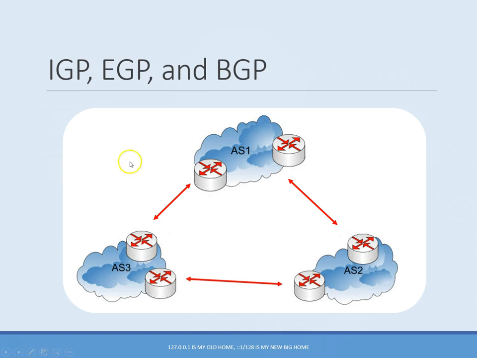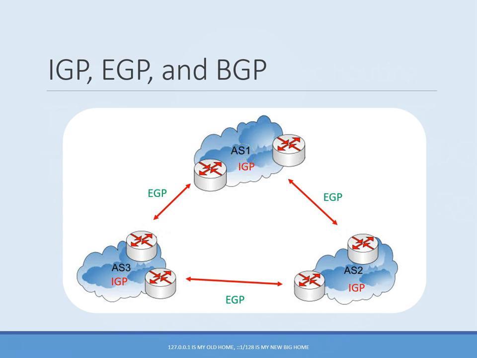The IGP, or Interior Gateway Protocol, routing protocols are used for routing within an autonomous system. So inside each AS we have to configure at least one interior gateway protocol to route packets inside one AS.